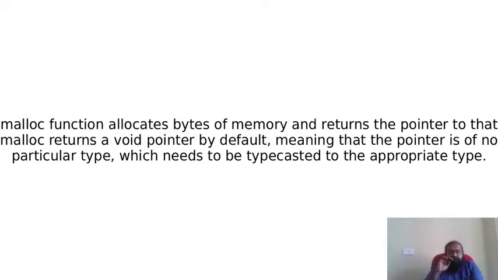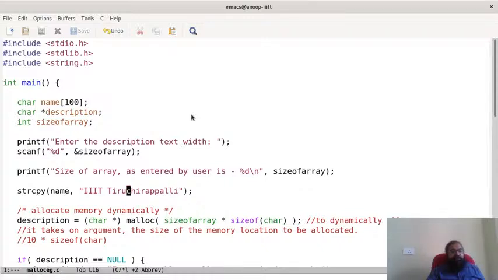So if we have char name of 100, this particular line which I am highlighting, this is a static memory allocation.